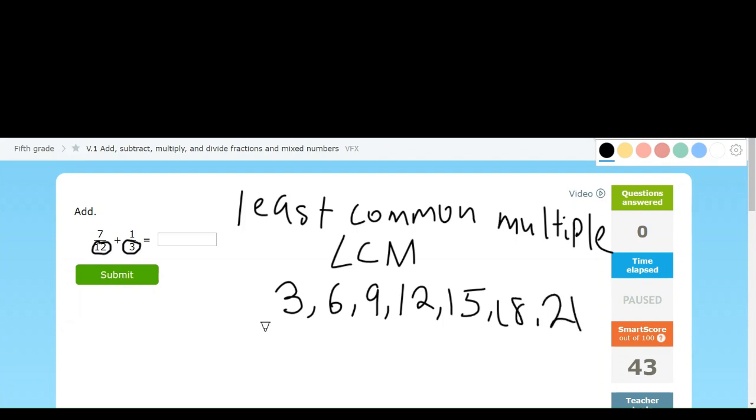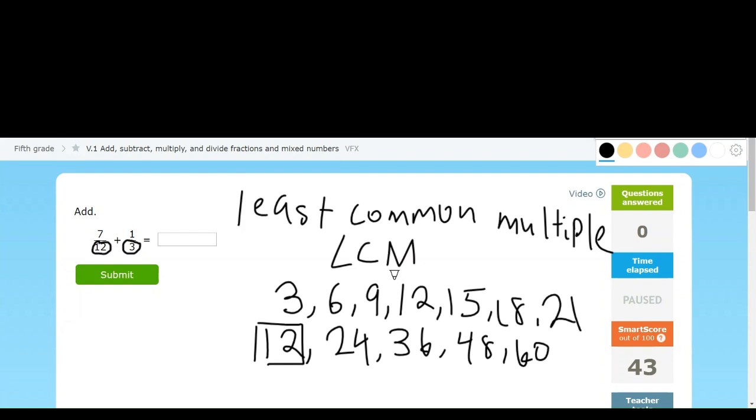And then we're going to skip count by 12s. And then we find the first number where they meet. In this case, they meet first at 12. So that means 12 is my least common multiple.